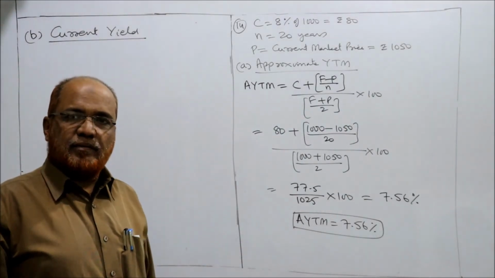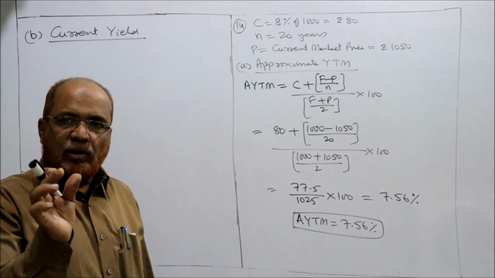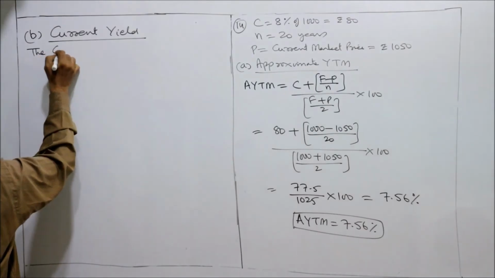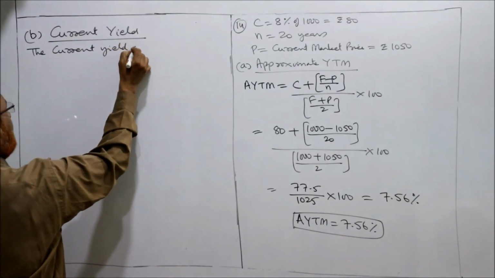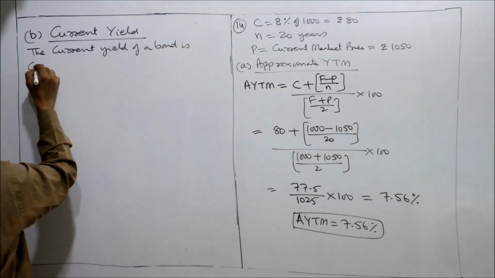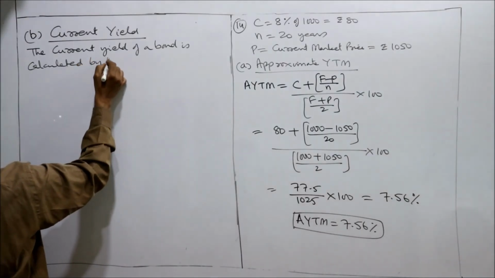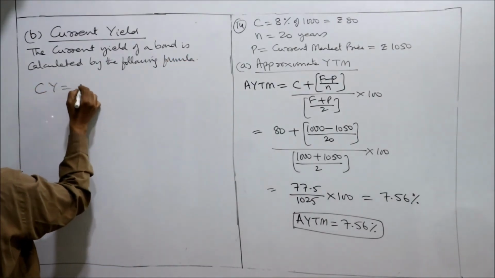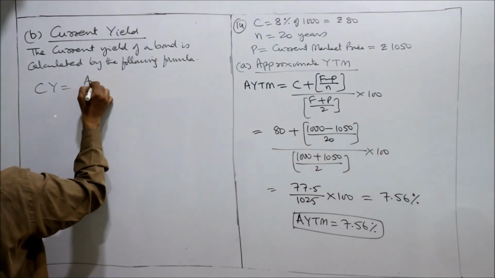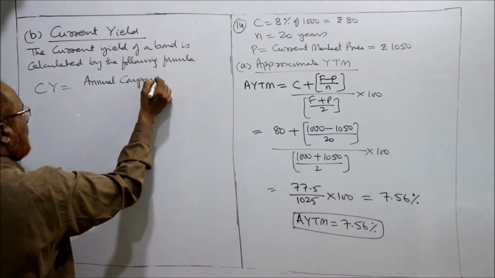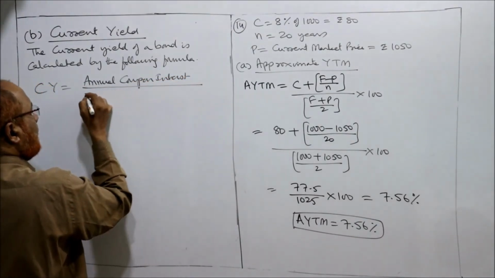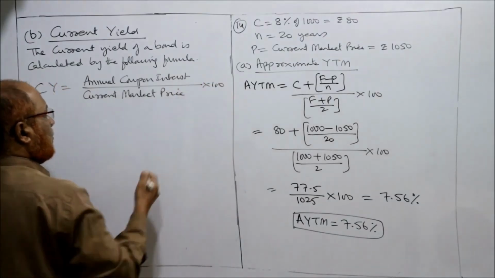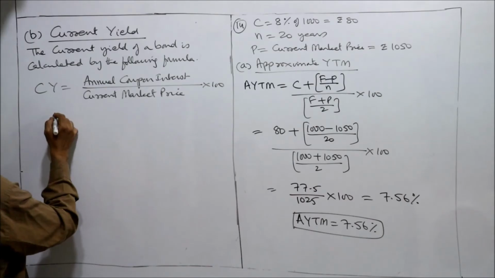The formula for current yield is annual coupon interest divided by current market price into 100.